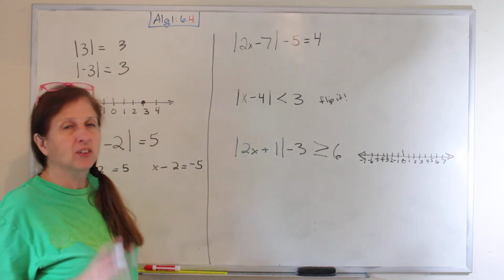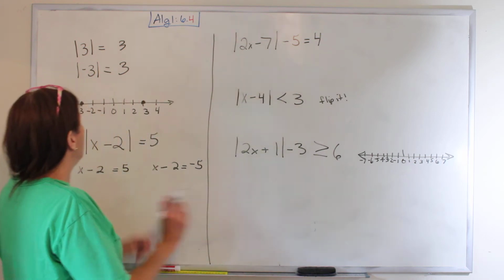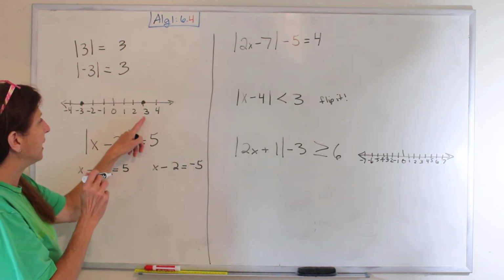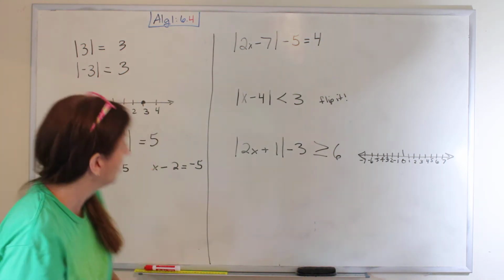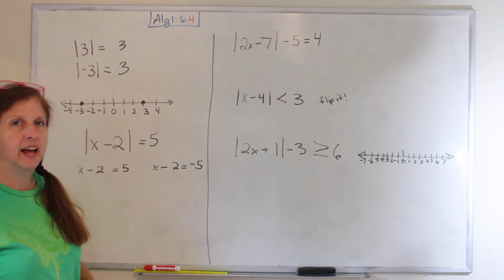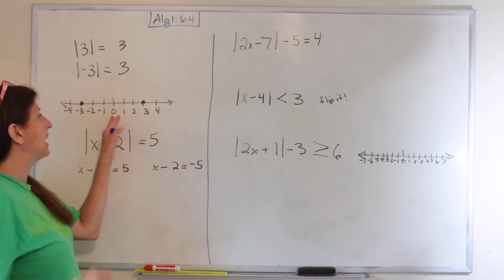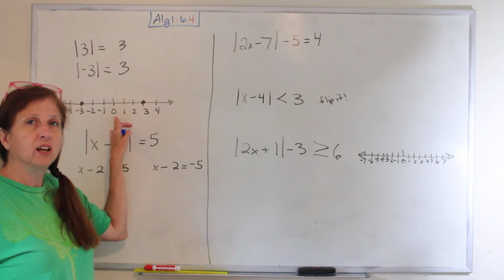Now, in real math, it's not really about superheroes. I know, disappointing, right? It's really more about distances. It doesn't matter if you're a hero starting at 3 or a villain starting at negative 3. The absolute value is how many frog hops it takes to get to the origin, 0.